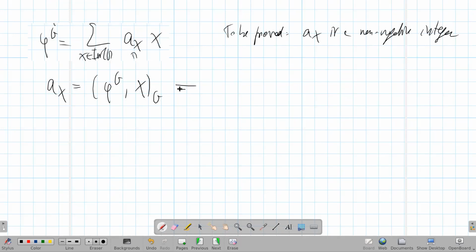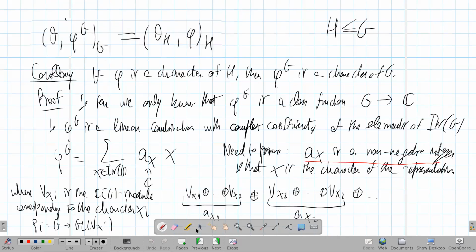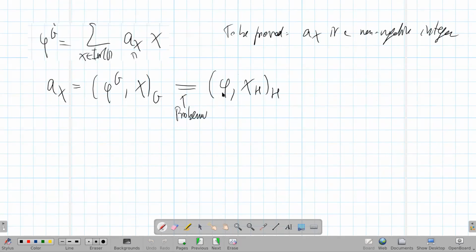But by Frobenius reciprocity, this will be the same as the inner product of phi with chi restricted to H, where, remember, by hypothesis, phi is a character of H, and this is a character.